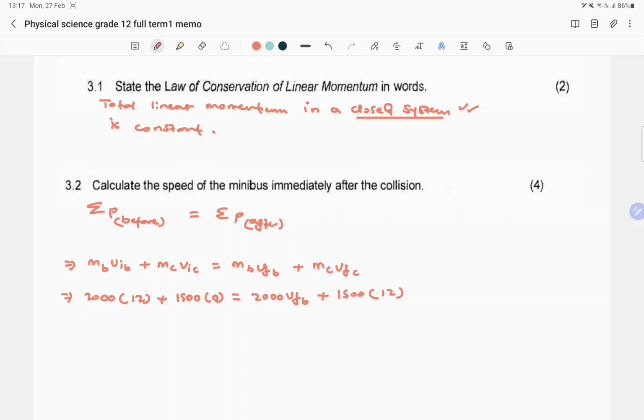Of course, guys, make a habit of choosing the west as positive. You see the dominant direction of motion, just choose it as positive so that you don't make a mistake.